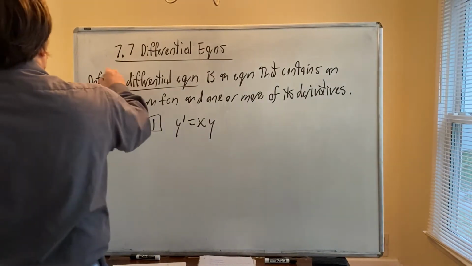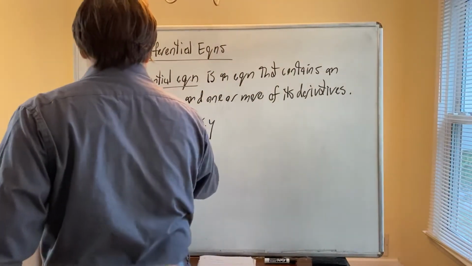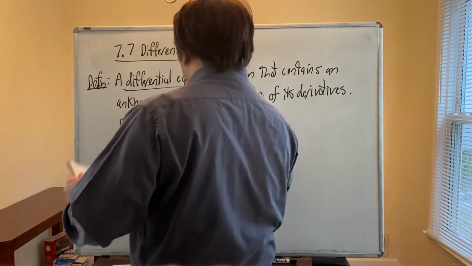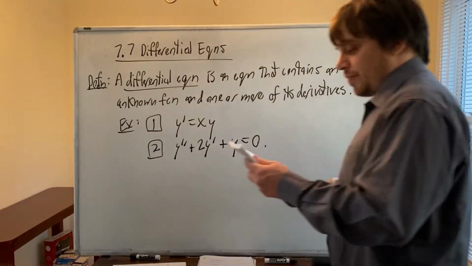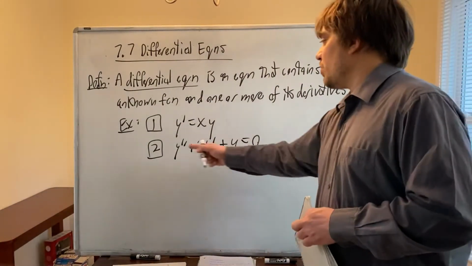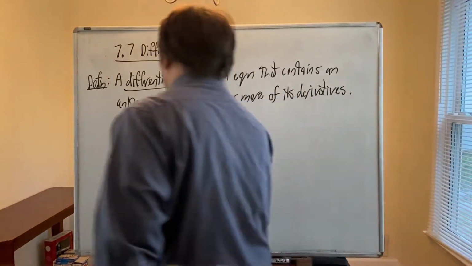The second differential equation in this list is y double prime plus 2y prime plus y equals 0. This is an equation that contains an unknown function and its first and second derivatives, so that is also a differential equation.